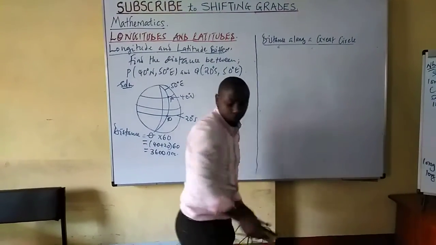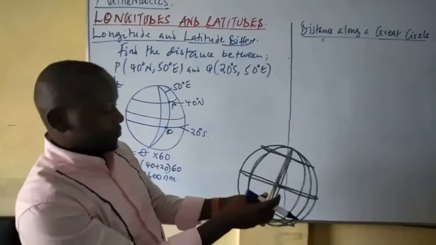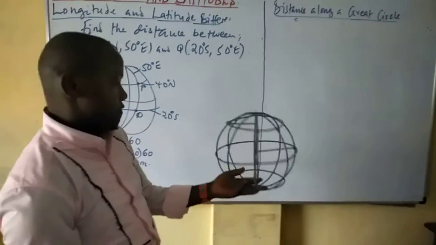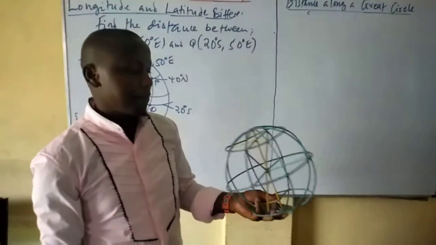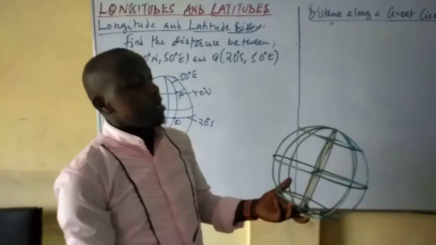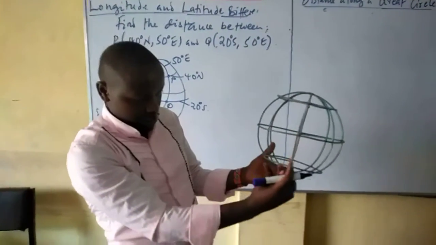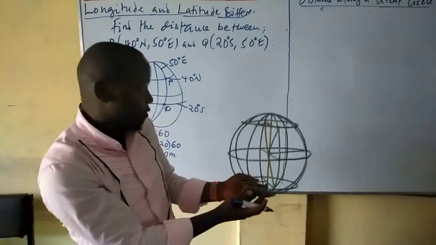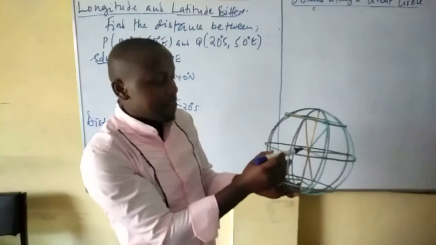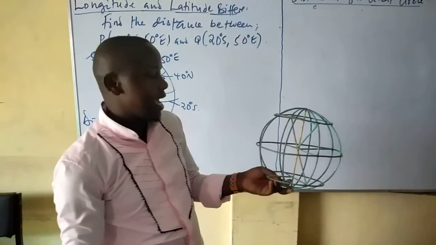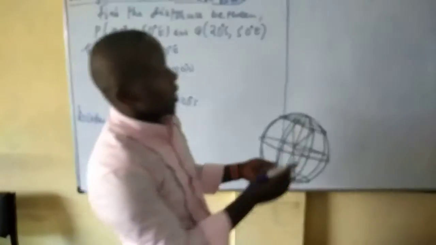If we consider the Earth to be a perfect sphere, then for places along a longitude, or a great circle for this matter, we can use the center of the Earth as a reference.